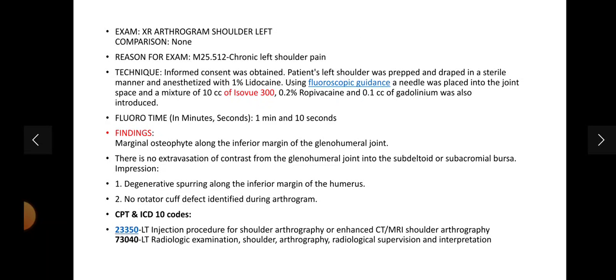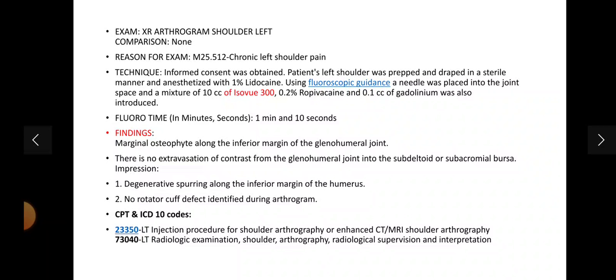So this is the sample report where you have to code the arthrogram shoulder left CPT code. You can see here I have highlighted they are using fluoroscopic guidance, and they have injected contrast, 10 cc of Isovue 300.